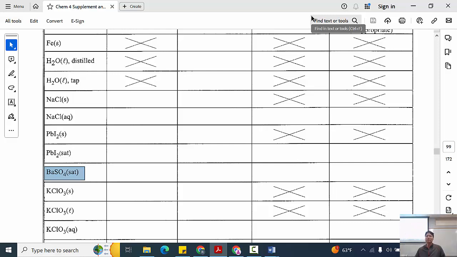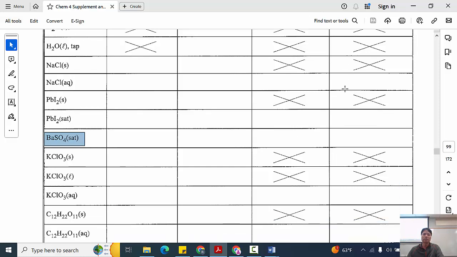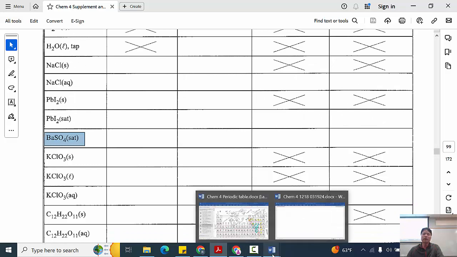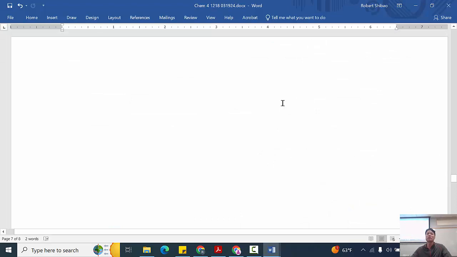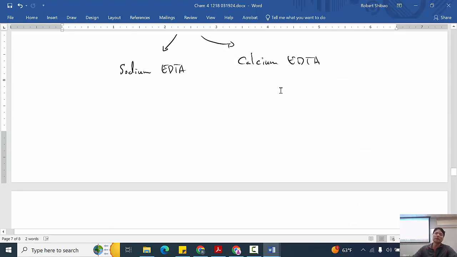Insoluble does not mean 100% insoluble. Insoluble just means less than 0.1. If we wanted to know how much, then we have to look up its quantitative solubility.